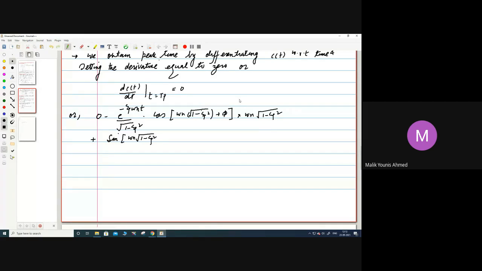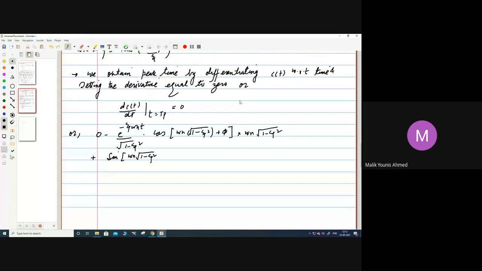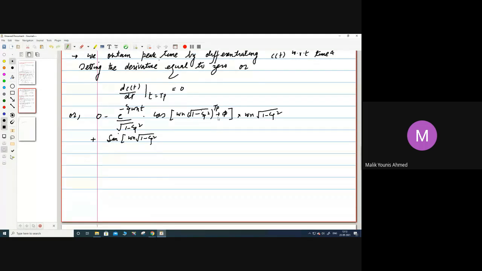We have not written t here, sorry, we should have written t here. This t will now be tp. Then the internal differentiation. Now the second is this one, tp plus phi, second into derivative of first.